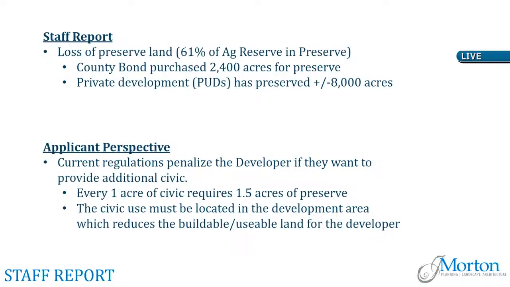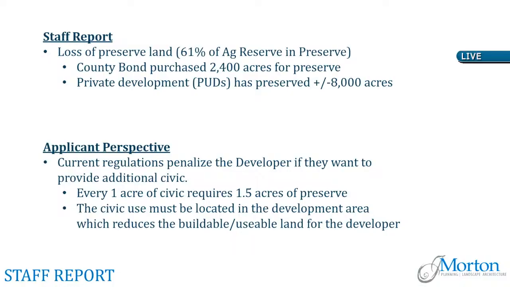The rest of the preserve land in the Ag Reserve is primarily from private development. Sometimes there's a misconception that the Ag Reserve does not allow for development, when in fact, the only reason you have such a significant amount of preservation land is because of agricultural reserve developments. Private development has added approximately 8,000 acres to the amount purchased by the county bond.